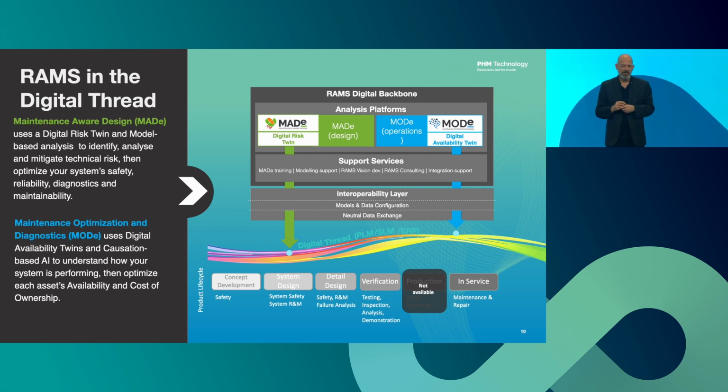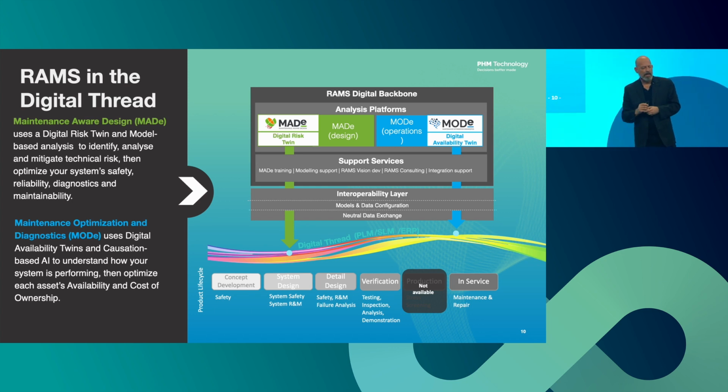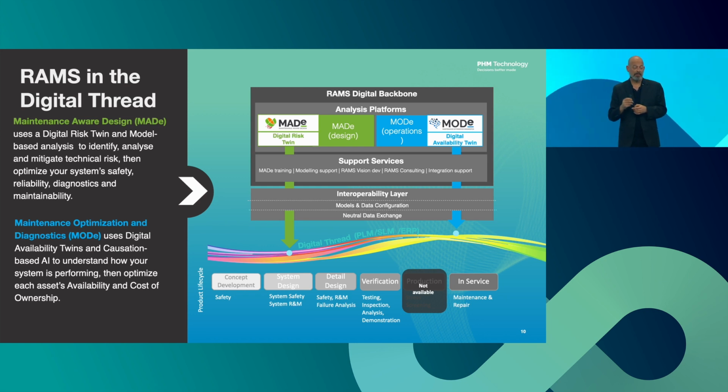On the design side, we have the maintenance-aware design environment, MADE, and that's the tool that I just showed you before. MODE is a platform that we're currently developing in conjunction with Siemens, which is going to allow us to do that second phase, to understand what failures are actually occurring in the system, and to make sure that we can capture the data accurately and feed it back in so that we can close the loop and inform the next design process, as well as the way in which we maintain the systems.